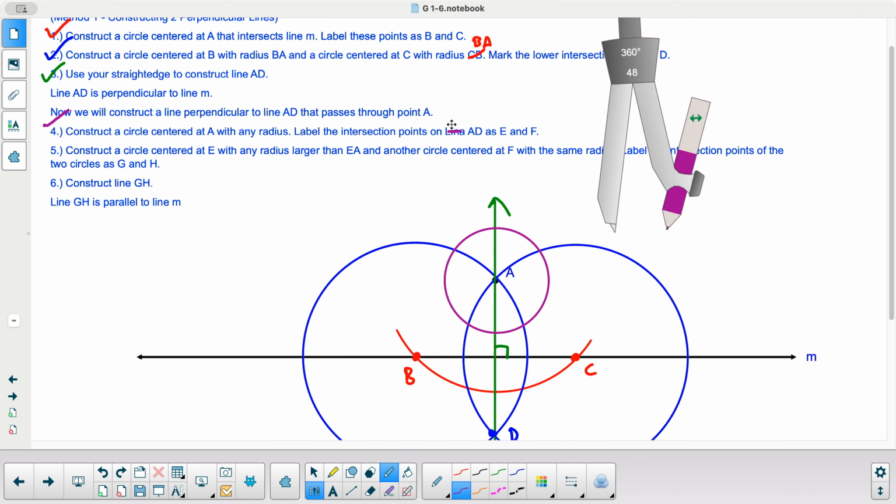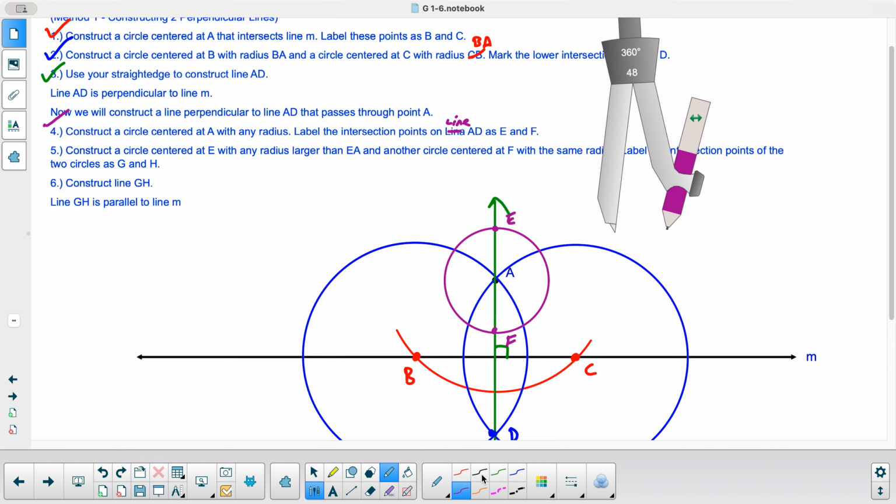I should say line AD. That was a typo. Line AD. Label those intersection points where the circle and line AD intersect as E and F.